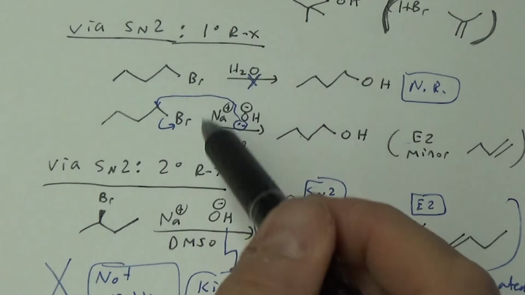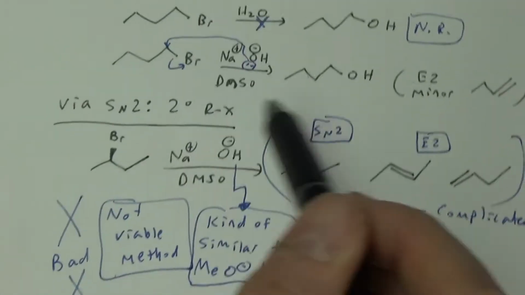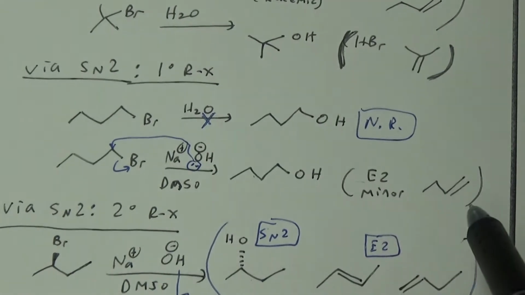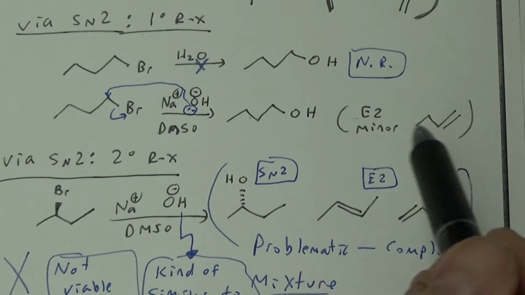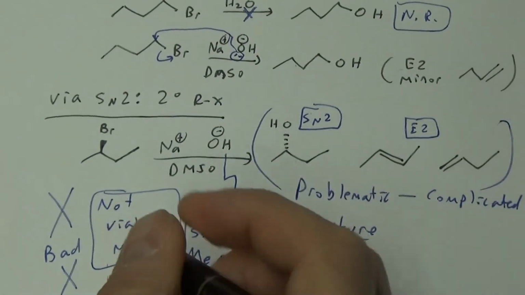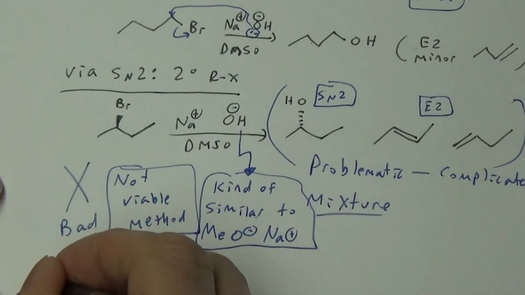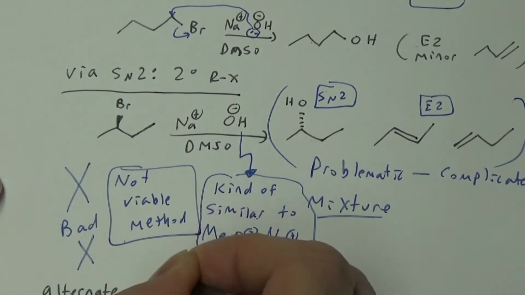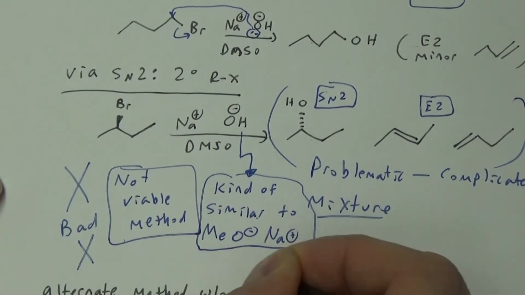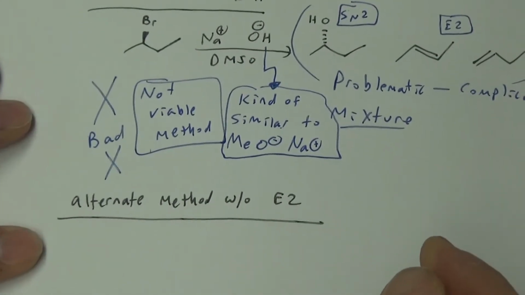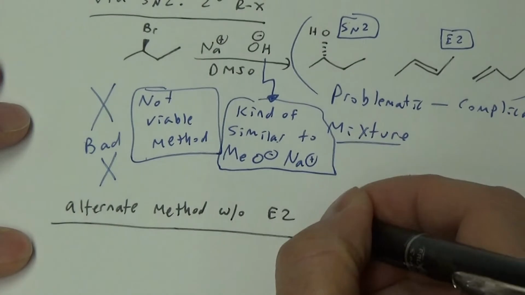We have an alternate method that avoids all of this E2 business. All of the E2 problems we talked about can be avoided if we use this alternate method, an alternate method without E2, and this works on primary and secondary.